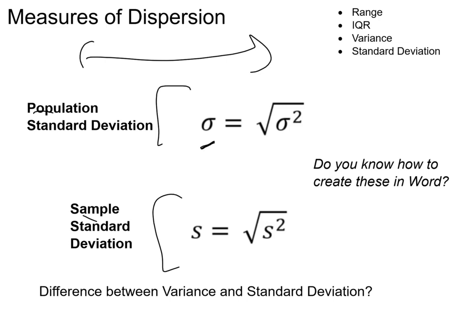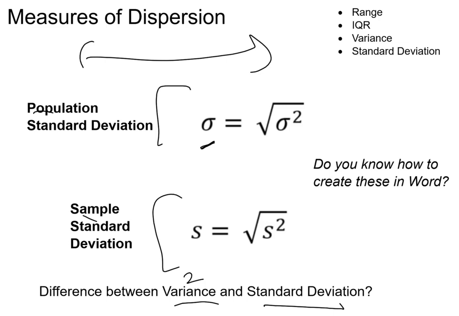The symbols that we commonly use are the Greek letter sigma for the population, and S for the sample standard deviation. The difference between variance and standard deviation is that the variance is just the square of the standard deviation, or the standard deviation is the square root of the variance, right?